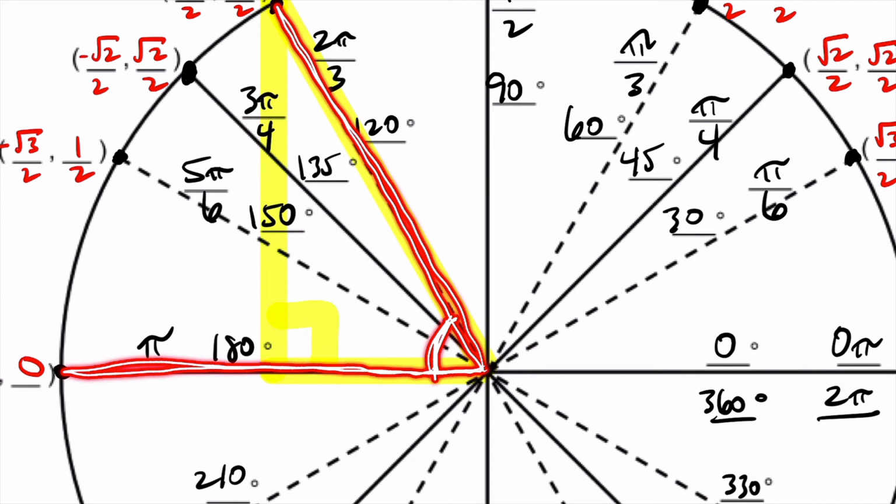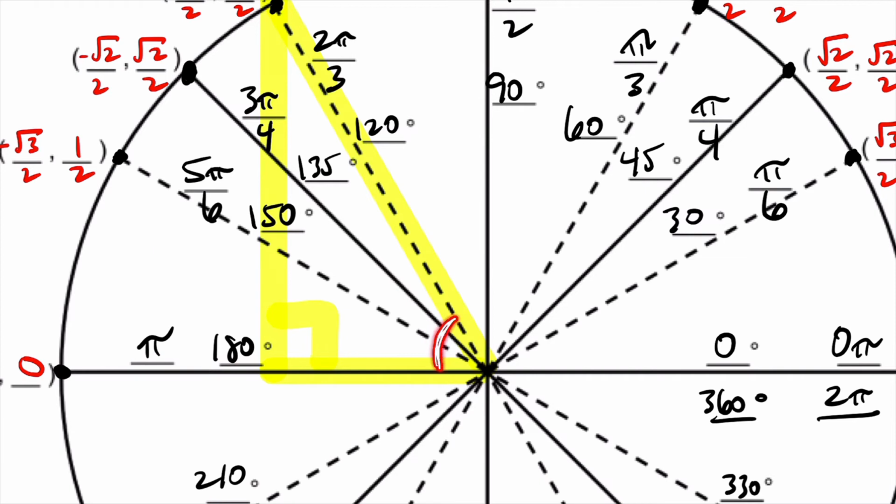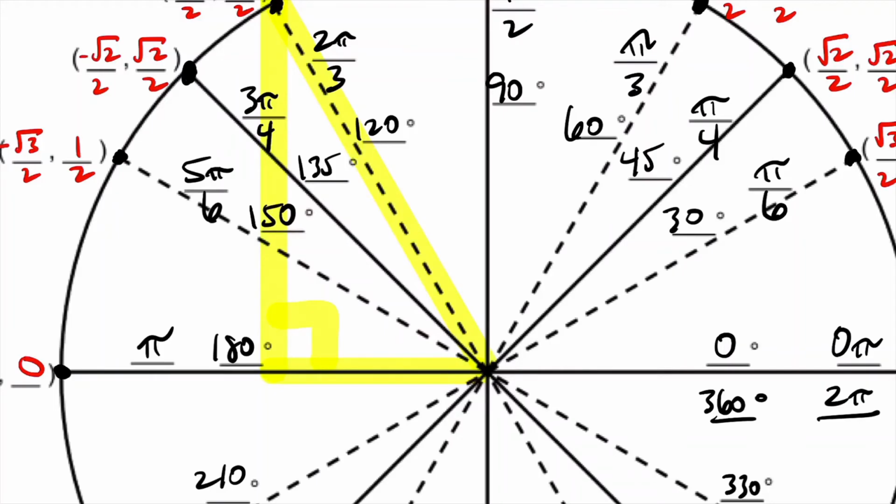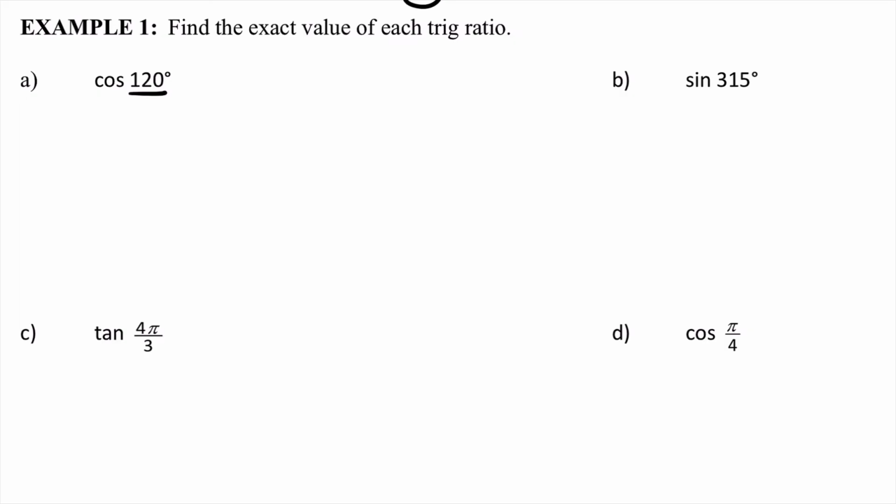So from 120 to 180, you subtract them and you get 60. So that means this angle here is going to be 60. So let me go write that down on my triangle. I'm going to transfer this triangle to my paper. So it's going to look like this.